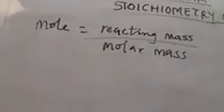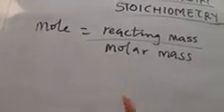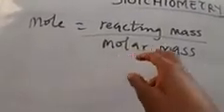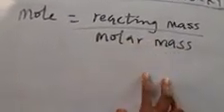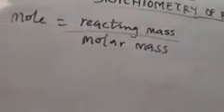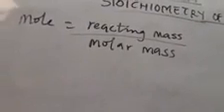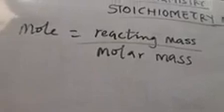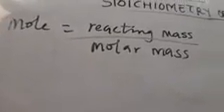For mole, the formula connecting mole, reacting mass, and molar mass is this. Mole is given as reacting mass divided by molar mass. Remember that molar mass is the total number of the protons and the neutrons found in the atom of an element. Now, the reacting mass is the amount or the grams of that element or compound involved in a chemical reaction.